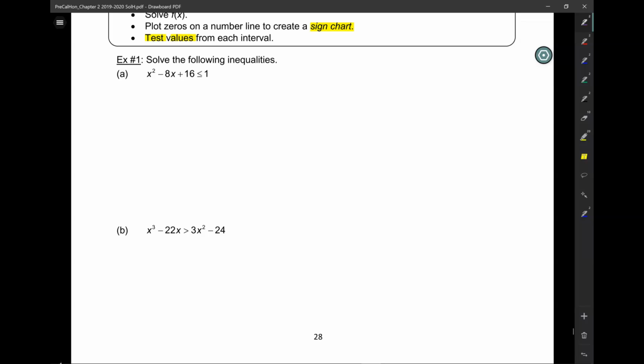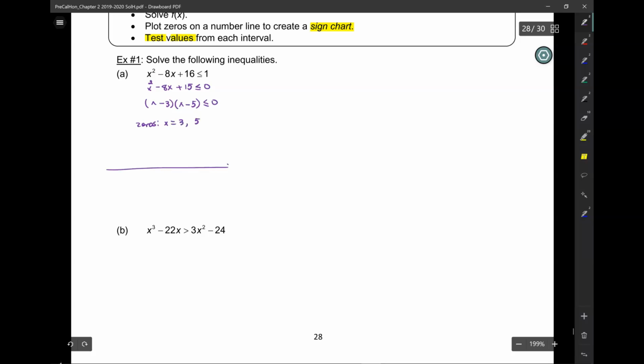So first I have to move everything to the same side. X squared minus 8x plus 15 less than or equal to 0. Factor: x minus 3, x minus 5 less than or equal to 0. What are the zeros here? X equals 3 and 5.